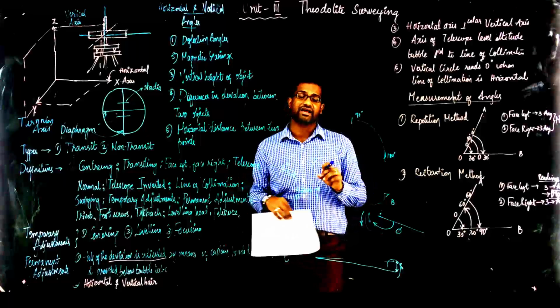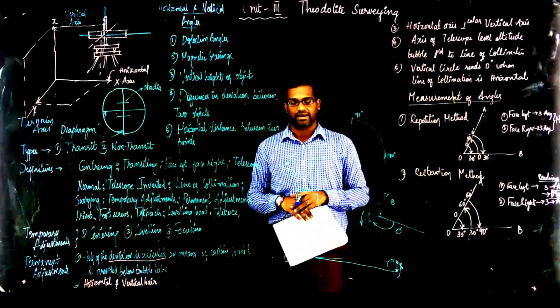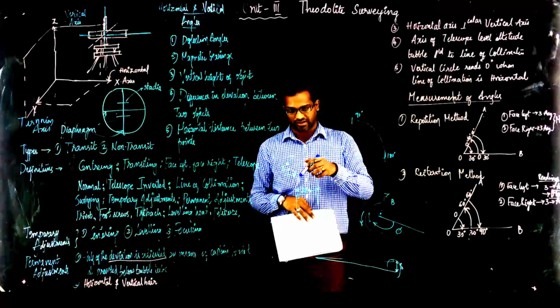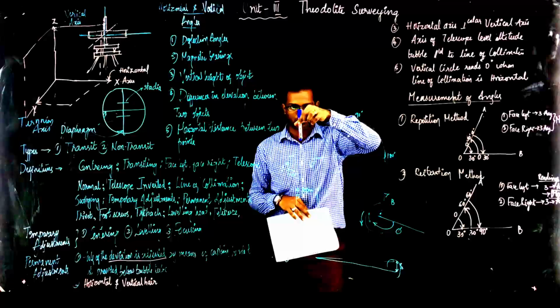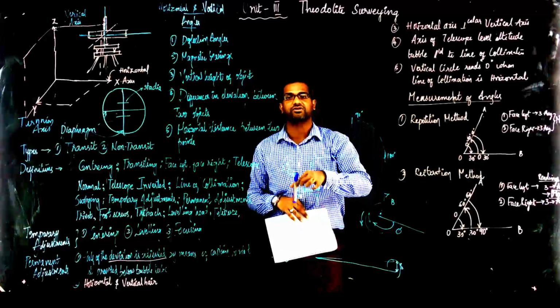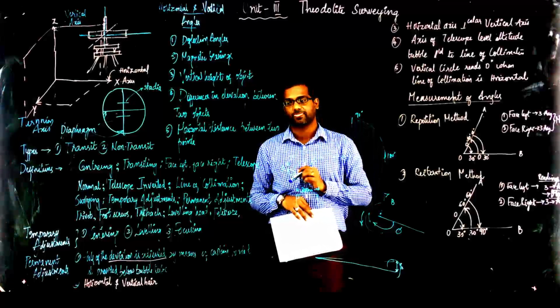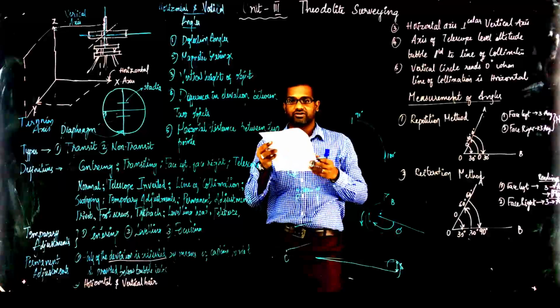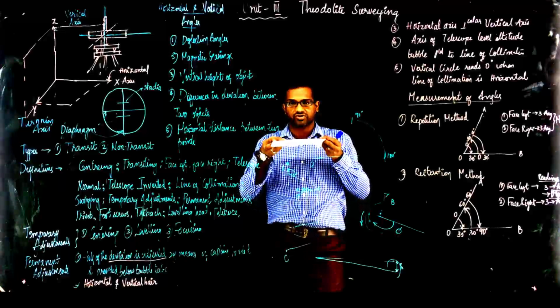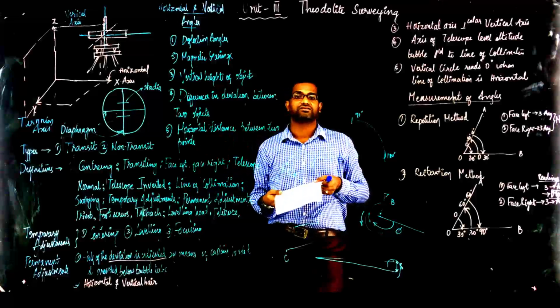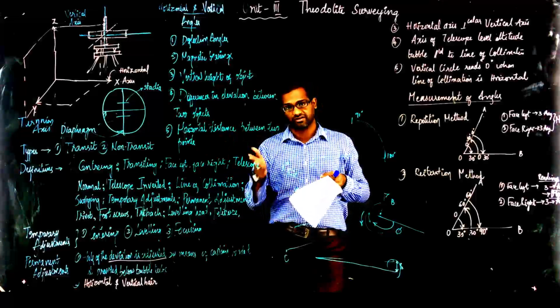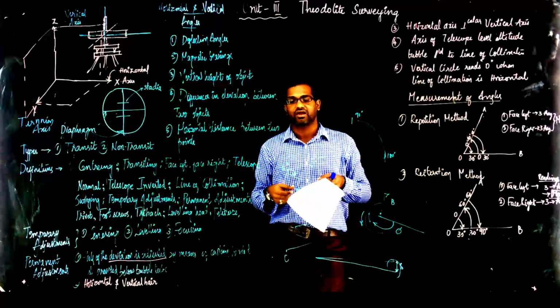We will exactly place our tripod above the center such that our vertical axis or the vertical plumb line exactly coincides with the ground point. That is called centering. Not just that, our instrument bubbles also have to be centered. That is the next operation, called the second adjustment, that is leveling. You have to make it level.